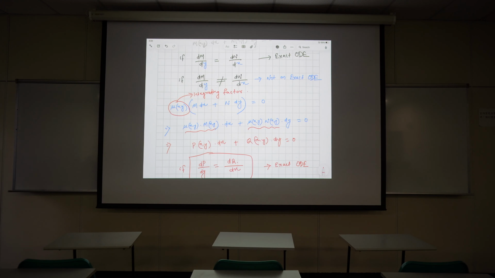We multiply that integrating factor with the ODE, and then whatever new term we find for M is called P, and the same for N, a Q. Then we check whether dP by dy is equal to dQ by dx. If they are equal, we call it exact.